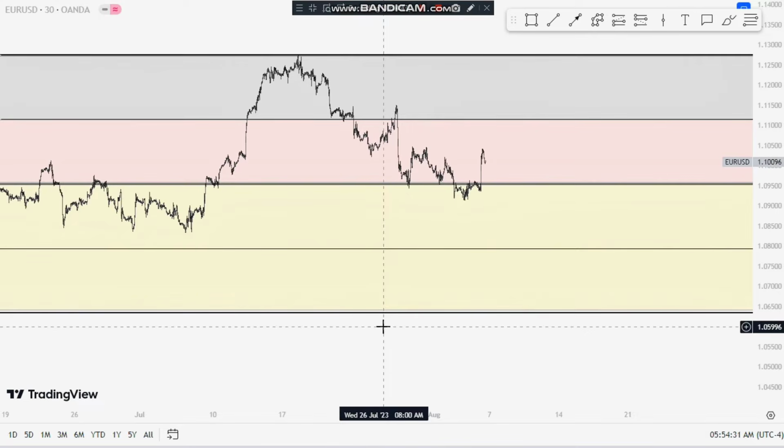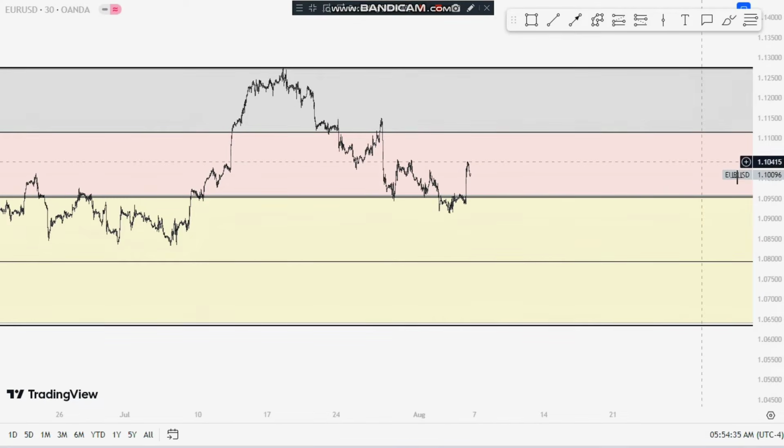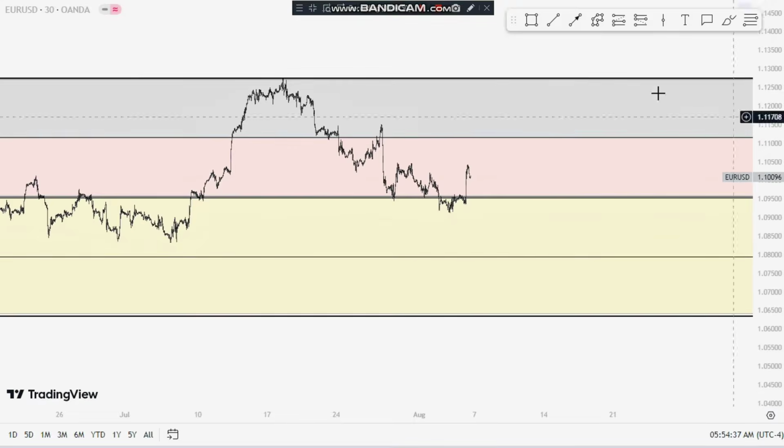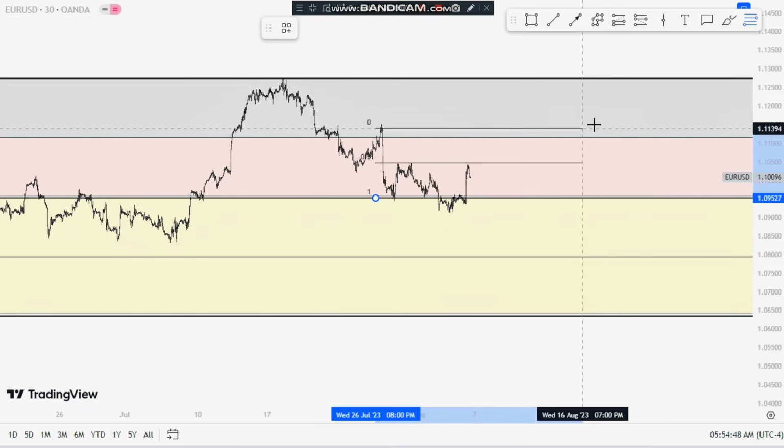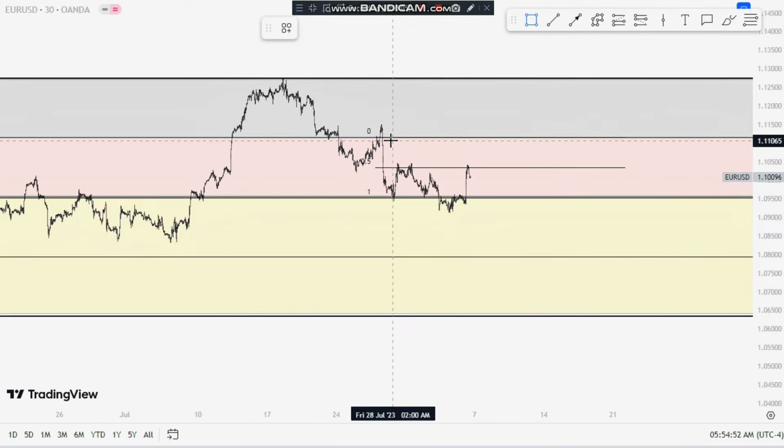You have to keep these lines on your charts. Whatever strategy you are using, it will give you an idea. And you can draw even more fib levels within these ranges. Like if you draw the 0.5 fib level from this point to this point, again this will be your premium.